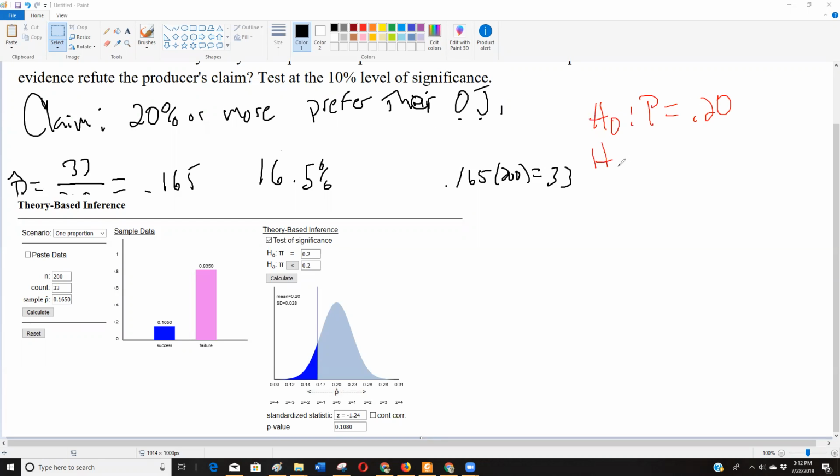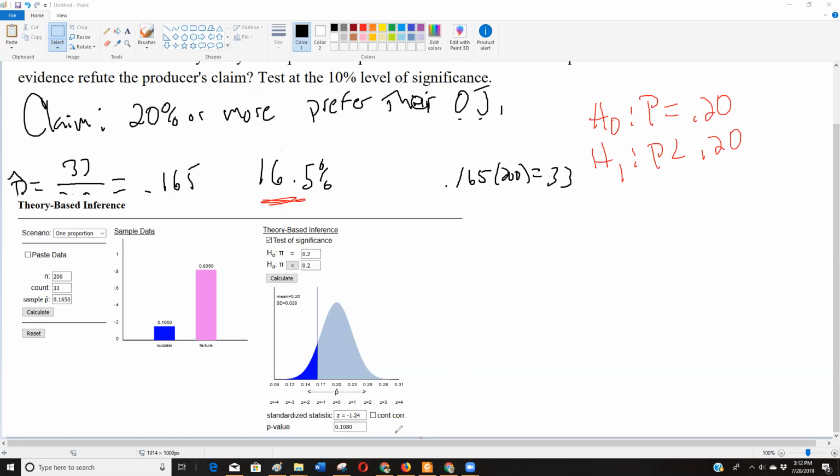We're the competitor, trying to make a counterclaim. We're going to say, hold on, it's actually less than 0.2. I kind of knew I wanted to go this way because that p-hat was less than 0.20. If it had been more than 0.20, they probably would be making that case, and I would probably have to go with a right-tailed test.